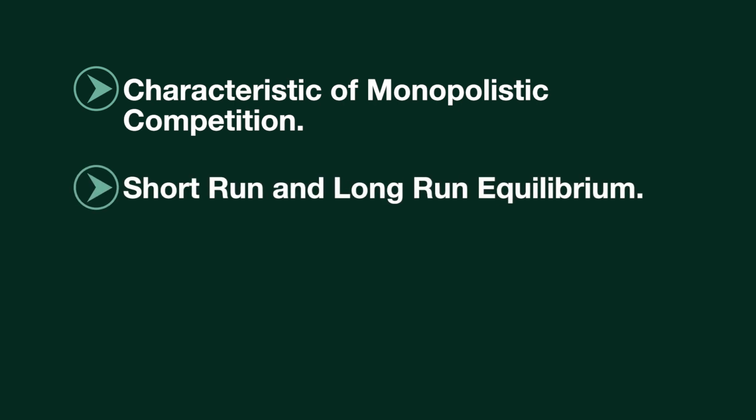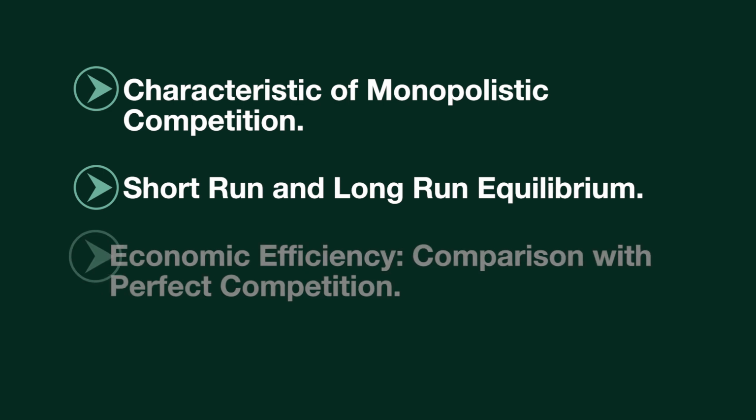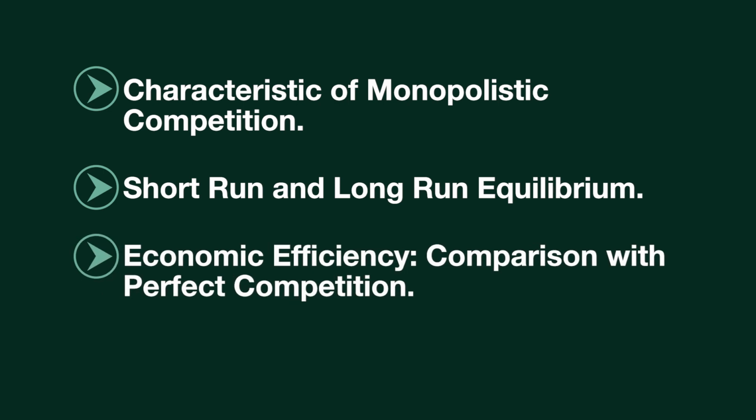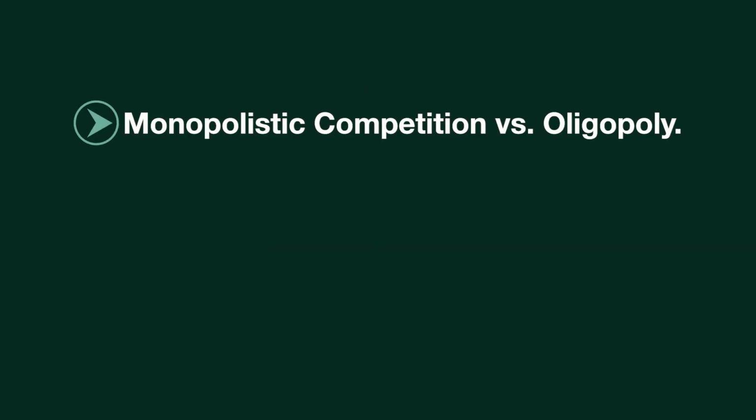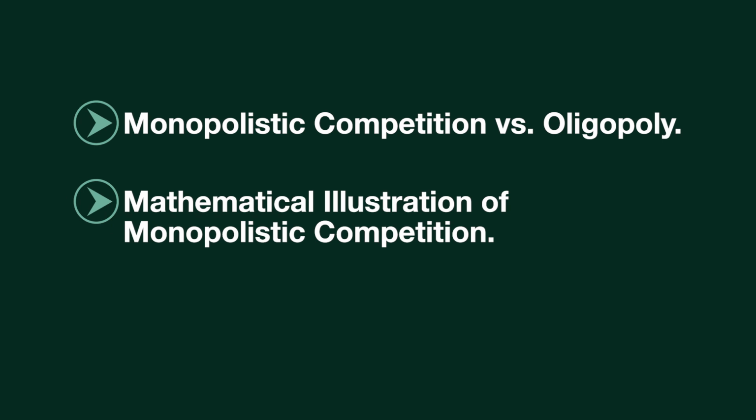So we will discuss monopolistic competition, both the short run and long run equilibrium, and then economic efficiency per se, because a monopolistically competitive market is economically inefficient. And then monopolistic competition versus oligopoly in brief, and then a mathematical illustration of monopolistic competition.